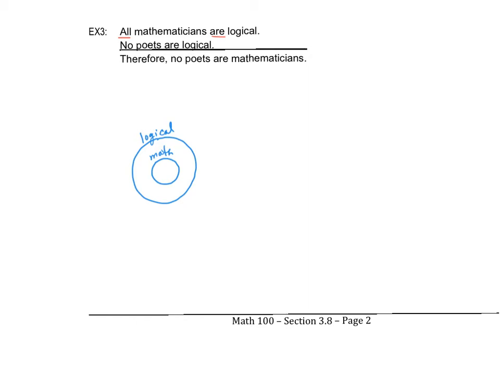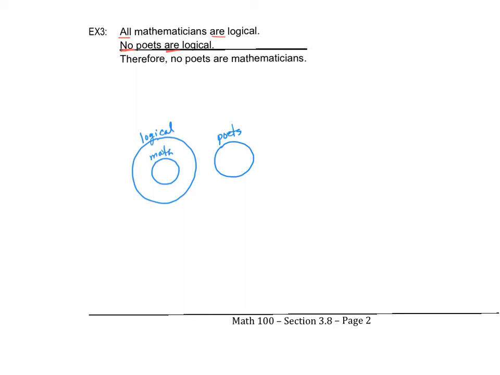And now my next premise says no poets are logical. That means the set of poets cannot touch or intersect the set of logical people. So that means I have to put the set of poets outside of the set of logical people. This is the only diagram I can draw for those two premises.